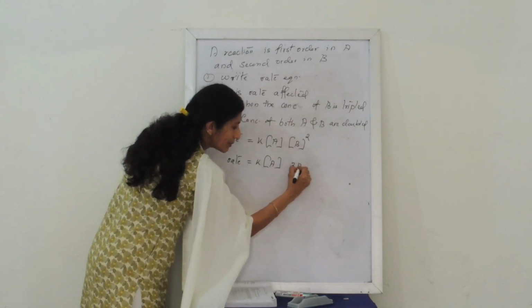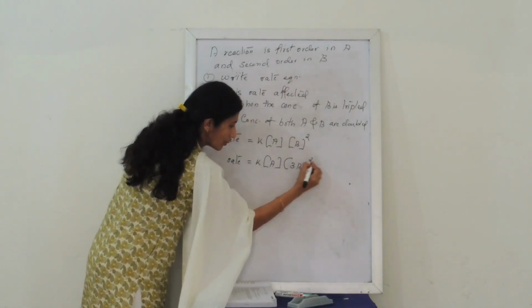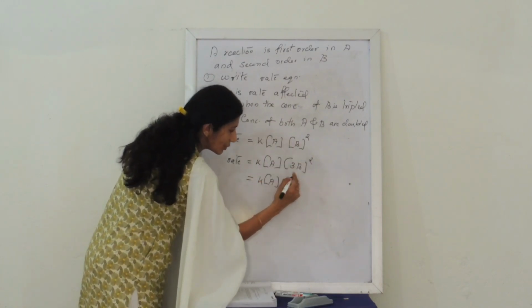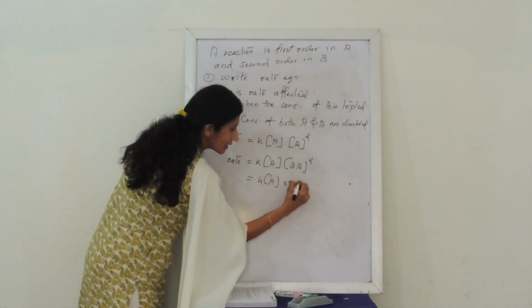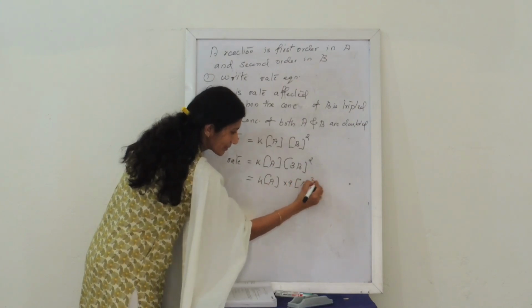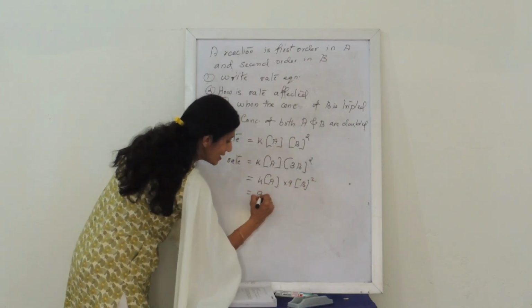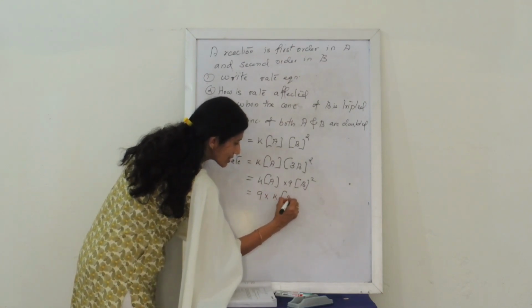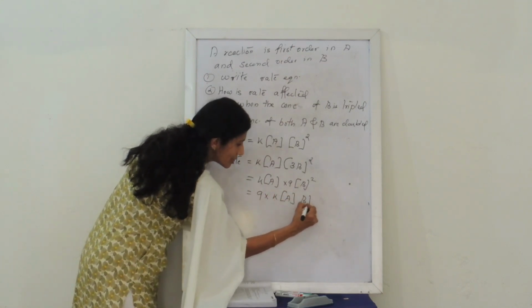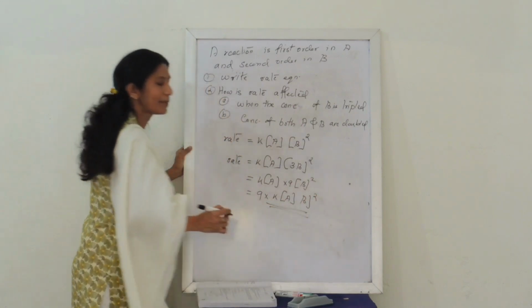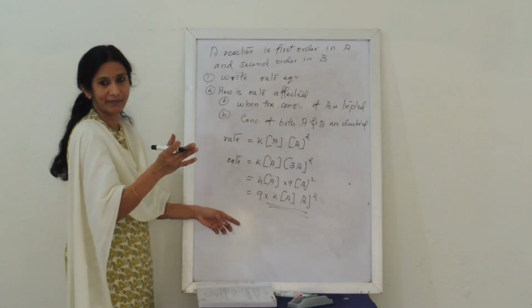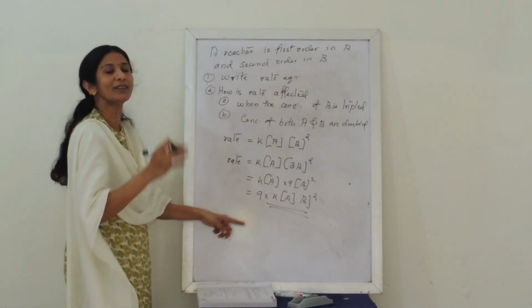That is 3B to the power 2. K into concentration of A into 3 square എന്ന് പറയുമ്പോൾ 9 into B square. അതിനെ ഒന്ന് റീഅറേഞ്ച് ചെയ്യാം. That is 9 into K into concentration of A into B to the power of 2. അപ്പൊ the rate becomes 9 times. അതായത് 9 മടങ്ങ് കൂടുതലായിരിക്കും.